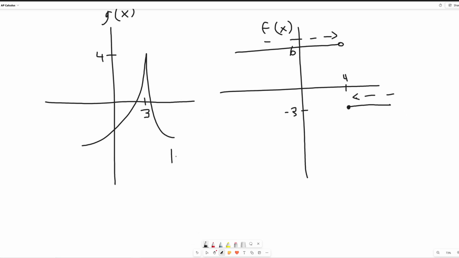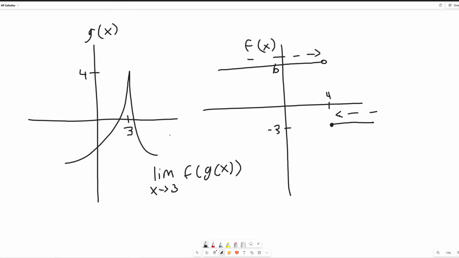Now, if I do the limit as x approaches 3 of f of g of x, you might think that it's still 4. You just plug 4 into here, and then you end up getting undefined.